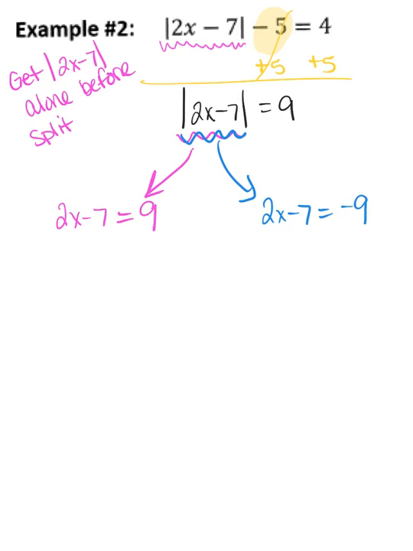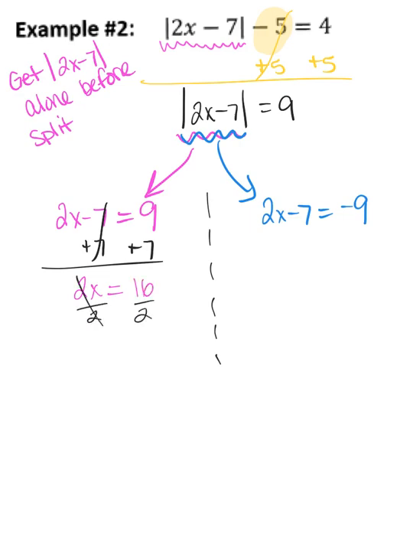And we're going to go into solving mode here. Let's start with the pink. I'm going to go ahead and add 7 to both sides. So bring down this 2x, and that's 16. Divide by 2. Okay, looks like our first answer is 8.